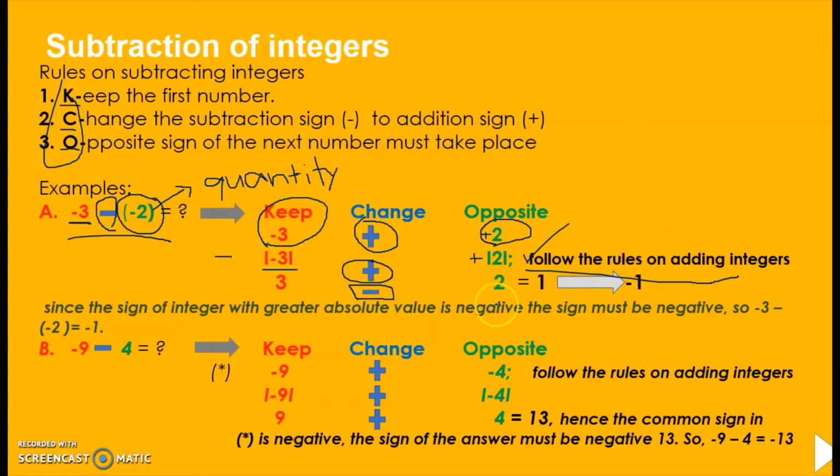So that is why instead of positive 1, the right answer is negative 1. The sign of the integer with greater absolute value must take place, and that is why the answer is negative 1. Thus, negative 3 minus the quantity of negative 2 is equal to negative 1.